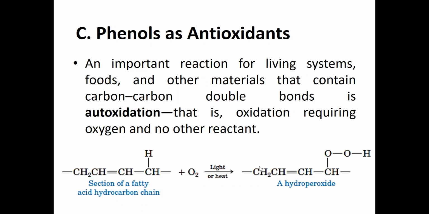This is an example of the auto-oxidation process that occurs in fatty acids and hydrocarbon chains, mostly in biological systems or food samples with biological, organic origins. What is being produced is the hydroperoxide.